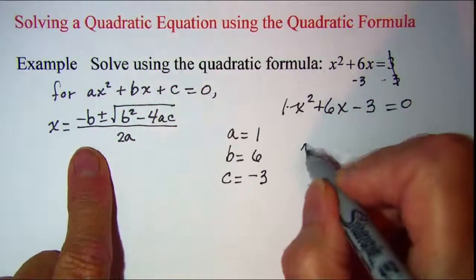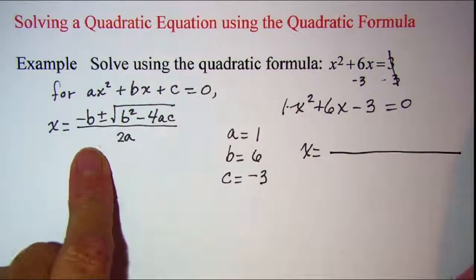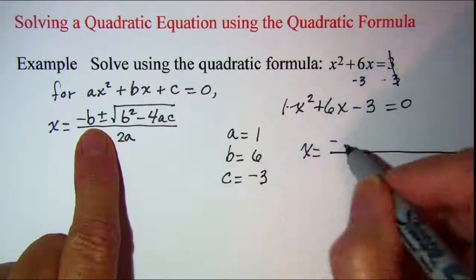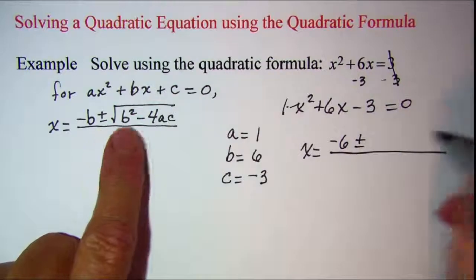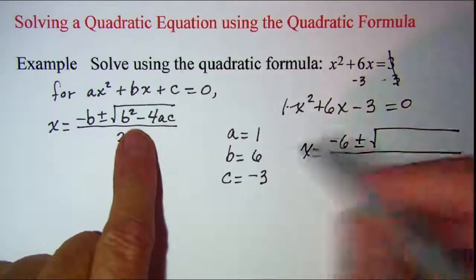So our formula says x is equal to a negative, and then b is 6, plus or minus the square root of b squared.